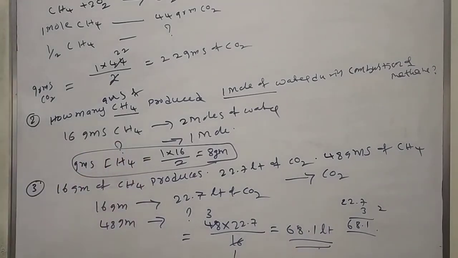That means if you use 48 grams of methane, it produces nearly 68.1 liters of carbon dioxide.